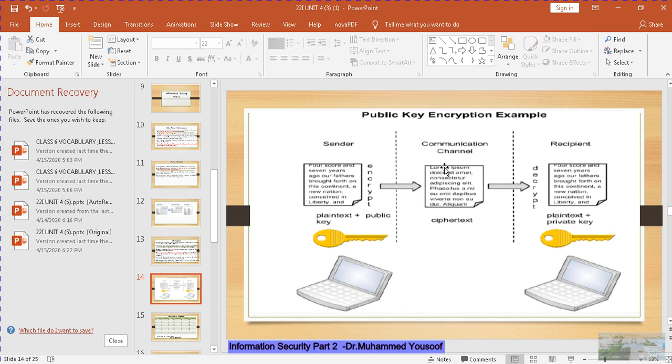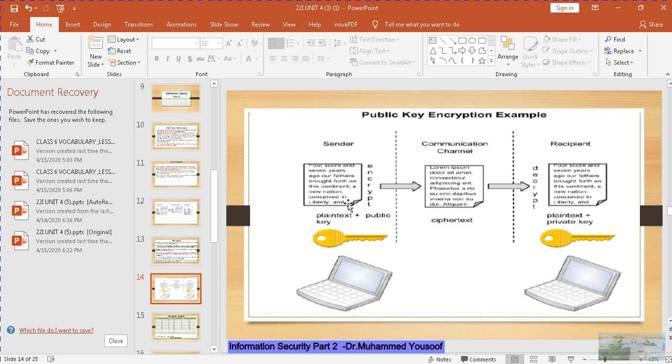For every letter we put another letter, so that anybody who looks at it cannot understand, because every company has its own encoding and encryption technique. They use their own technique, and it is not easy for everybody to guess, okay, this can be A, this can be B. No, they cannot guess, because every company has its own encryption rules and encoding techniques, so it is not easy to guess.